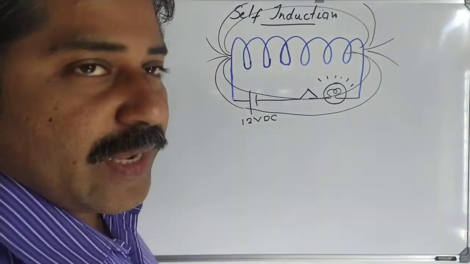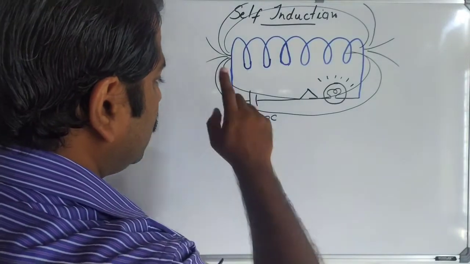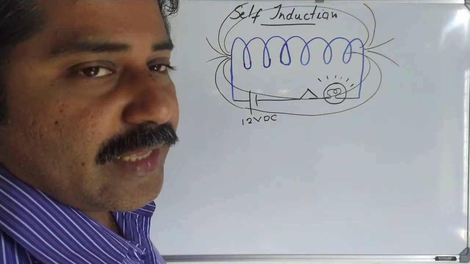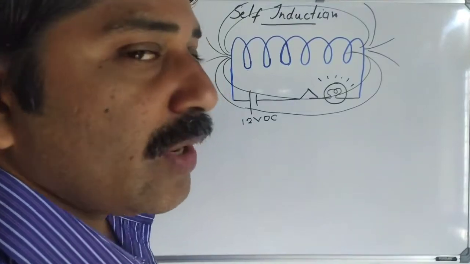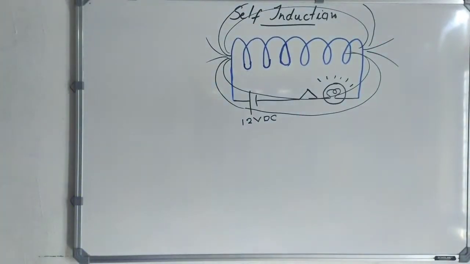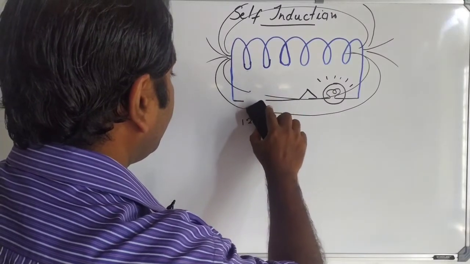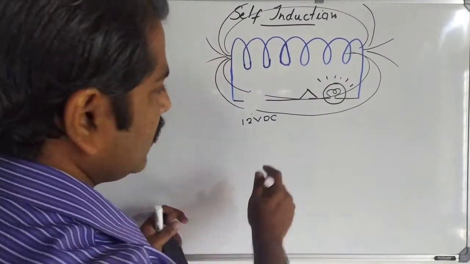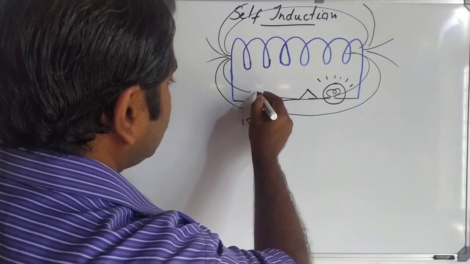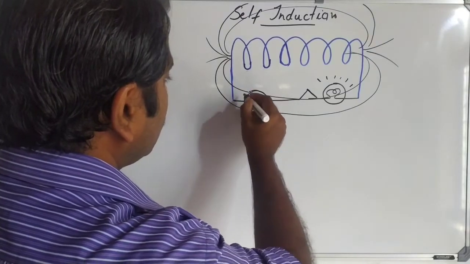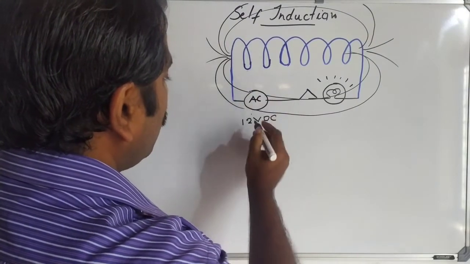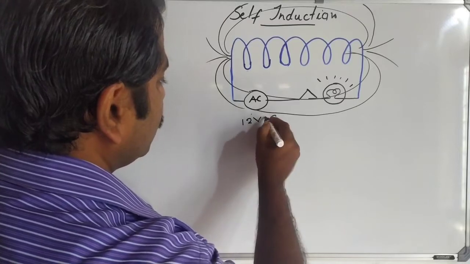But when we replace the 12 volt DC by a 12 volt AC source, what will happen? We are replacing a 12 volt DC with an AC source of the same voltage.